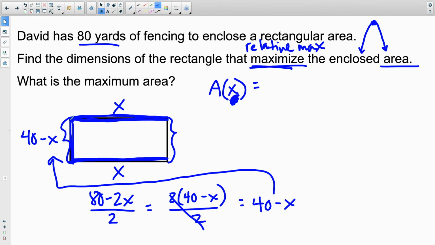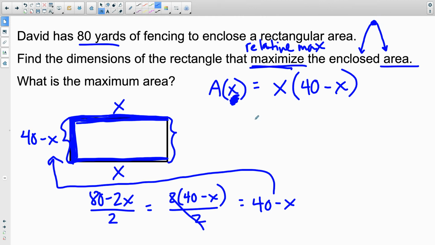And because I have my side length here and my side length here, I know the area can be calculated by taking length times width, x times 40 minus x. So this is a function based on x that I can graph in the coordinate plane now and try to find a maximum point for.